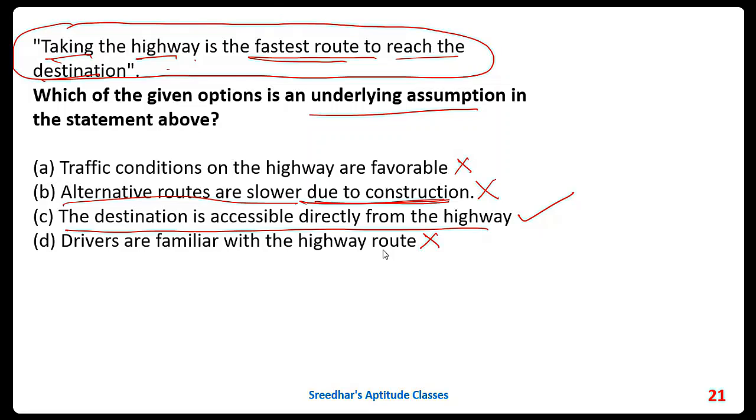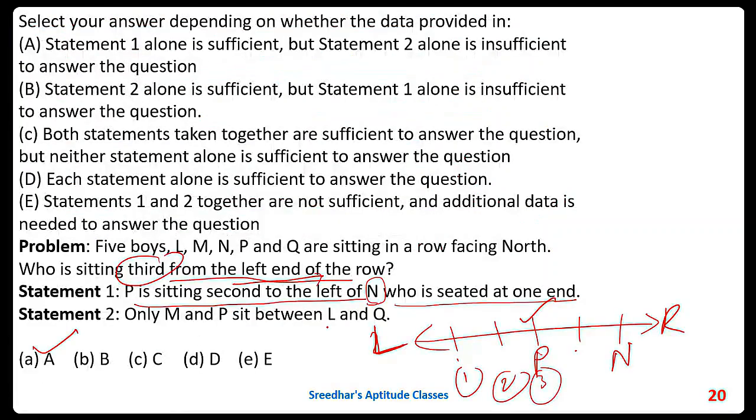I mean, should not P be sitting second to the left of the end? I'll go back to the previous question, Pratham. Here, P is second to the left of N, who is seated at one end.